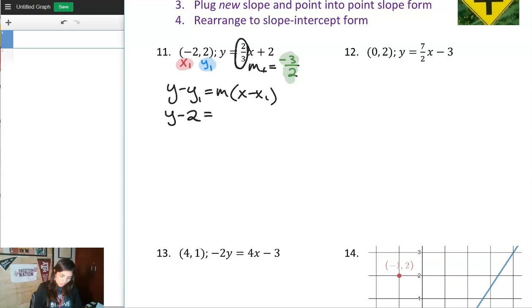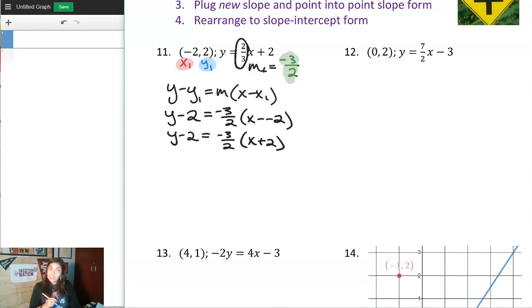y - 2 = -3/2 (x - (-2)). And then I'm going to clean up those double negatives just because I don't need that kind of negativity in my life. It's a joke. And then to finish putting it in slope-intercept form, we're going to distribute: -3/2 x, 2 times 3/2, nope, negative 3.